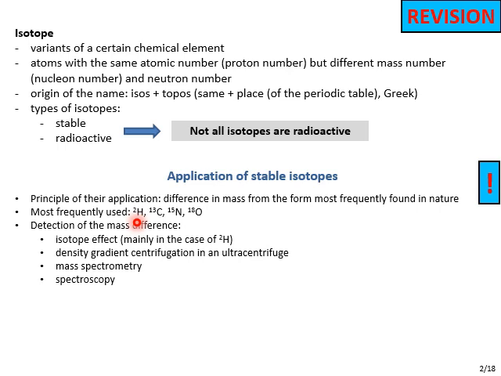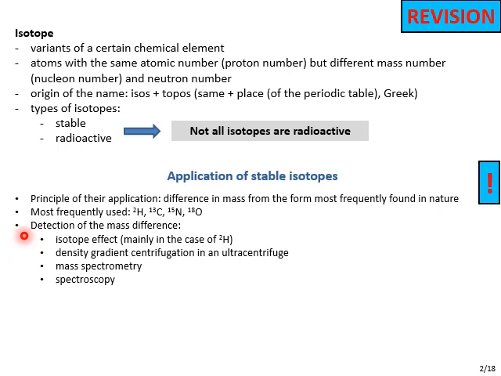If you label a molecule with this variant of hydrogen and compare it to the molecule which has only conventional hydrogen with the mass number of 1, then the molecule having one deuterium instead of conventional hydrogen will have one extra mass unit, and this mass difference is detectable. This forms the basis of detecting the presence of a stable isotope in any kind of sample.